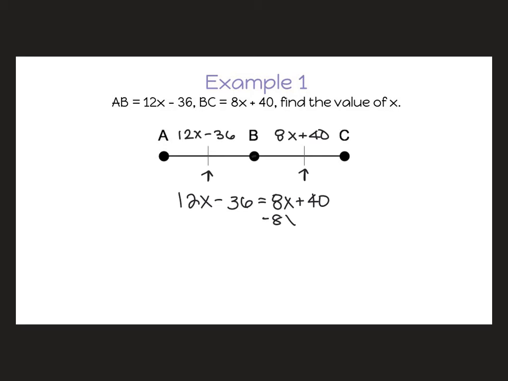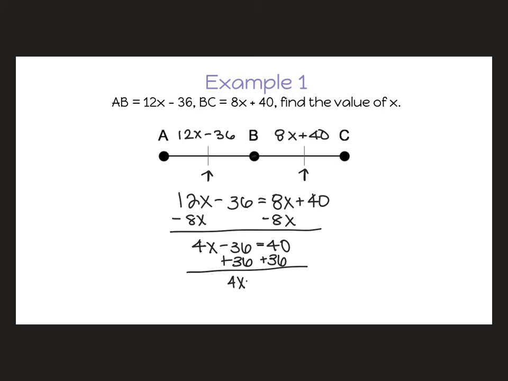When I solve, I can subtract 8x from both sides. Add 36 to both sides. I get 4x equals 76, and when I divide by 4, I would get 19. If I finish reading the problem, it says find the value of x. That's what I found. This problem is done.